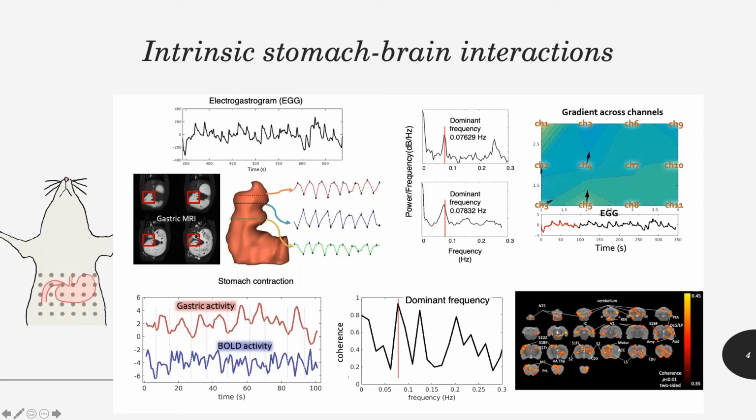By some image processing technique, we can extract the contraction waveform, and by comparing with the simultaneously recorded EGG activity, we can see how the gastric electrical activity and the gastric mechanical activity couple with each other. Since we get high quality EGG activity during the imaging process, we can also take advantage of multi-channel activity recording.